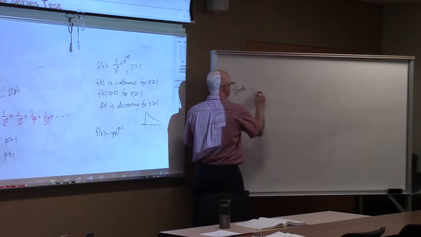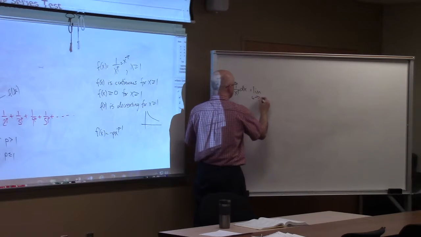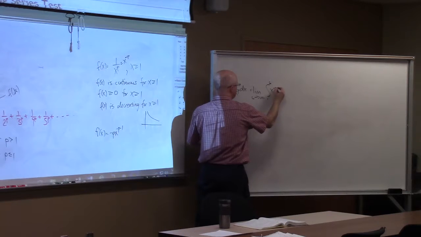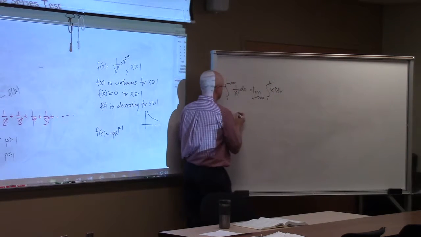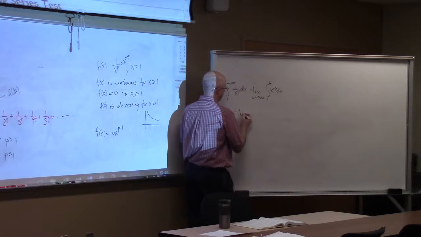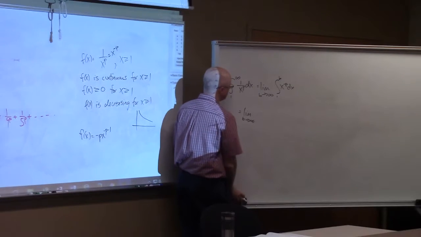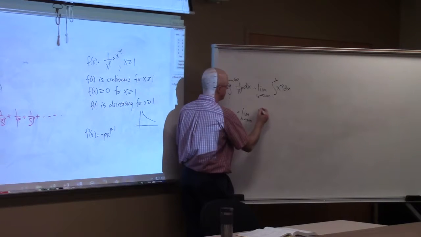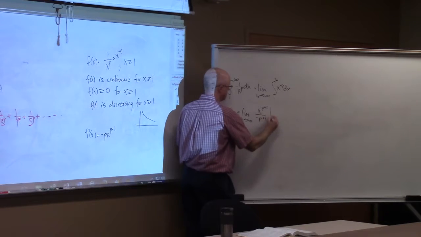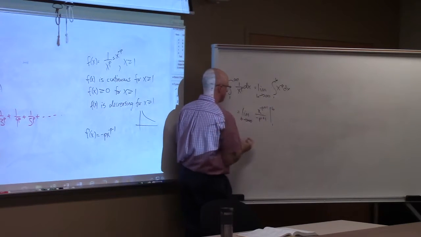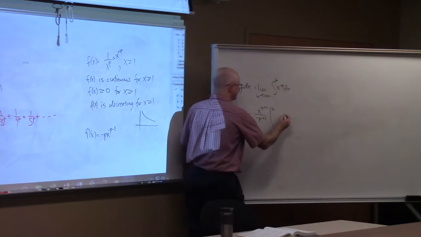A limit as b goes to infinity of the integral from 1 to b of x to the negative p. At least if p is not 1, this integral can be done like this. This is p is not equal to 1.